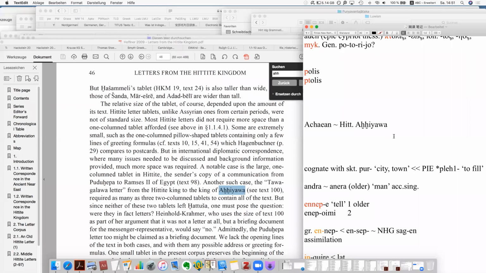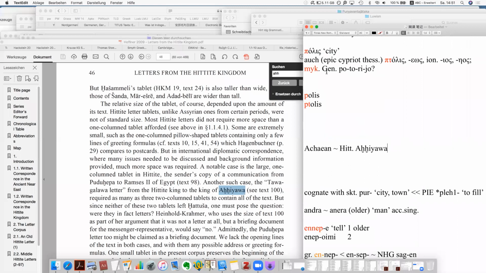So actually, since ancient times, I mean, this is very ancient, like the 15th century, because Mycenaean Greek is like 15th century, right? So the Hittite material is just the same period, 15th century. It could also be earlier.